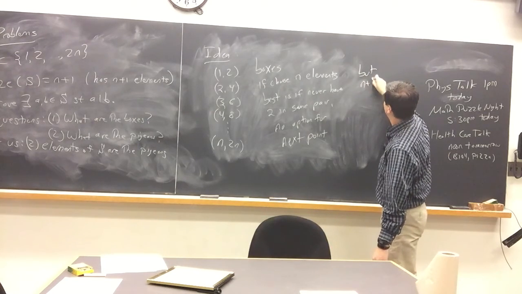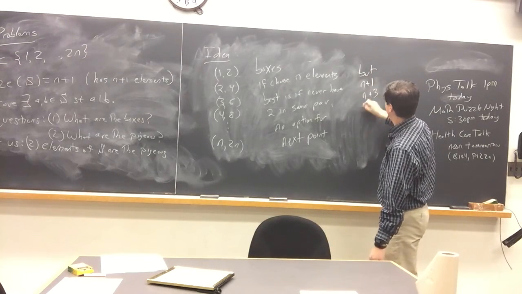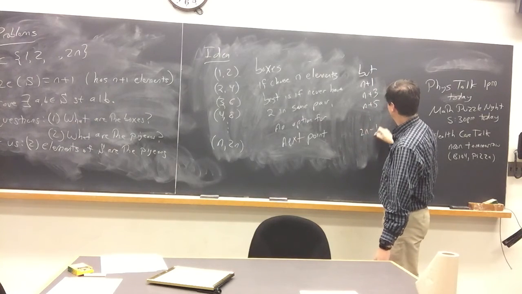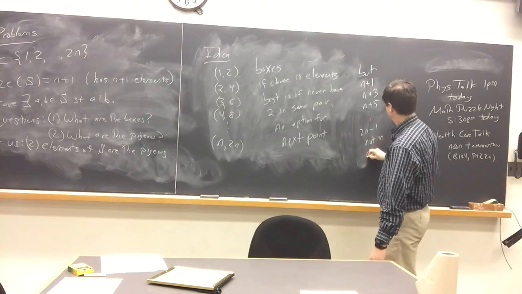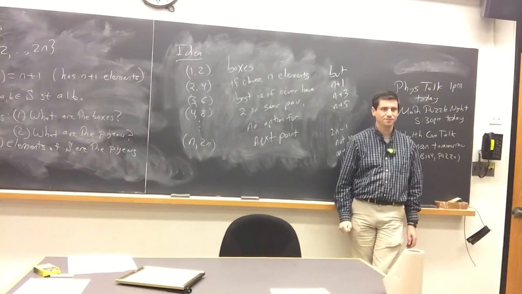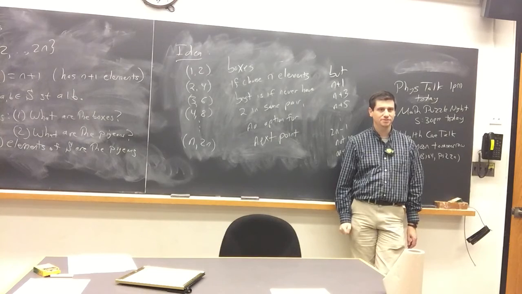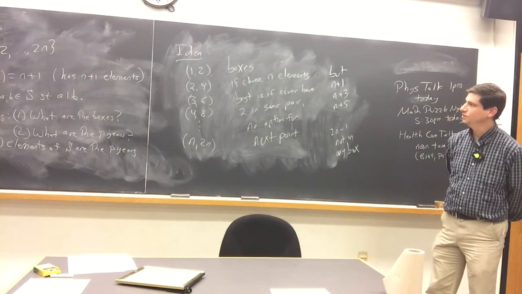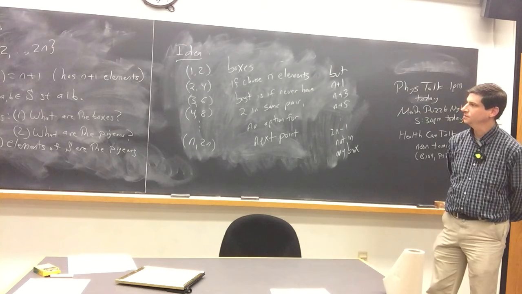But n plus 1, n plus 3, n plus 5, up to 2n minus 1 are not in any box. I was thinking of doing some sort of multiply too, because it goes up to 2n. Right. And the size is 2n divided by 2 plus 1.